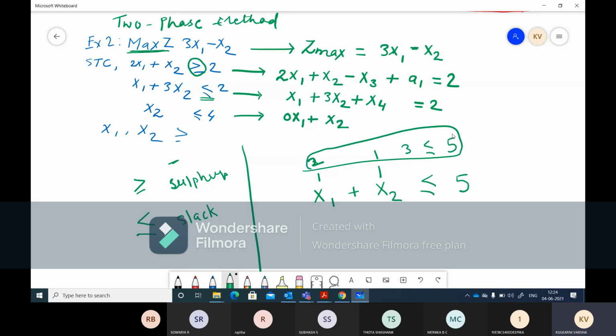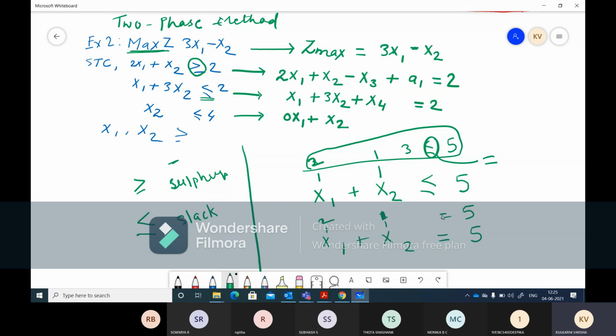But when we want to convert this constraint to an equation, we write x1 plus x2 equal to 5. The value of x1 is 2 and x2 is 1. This is just an example.